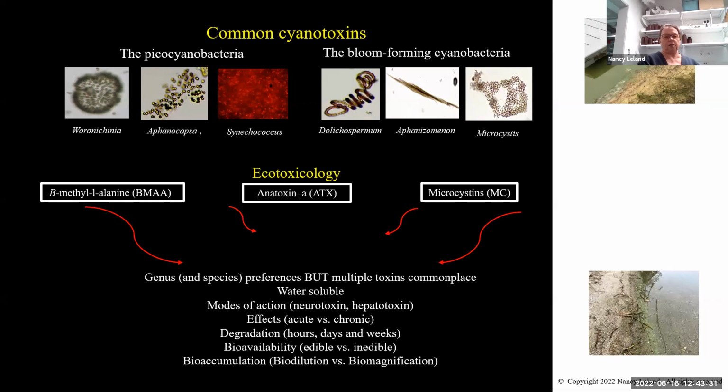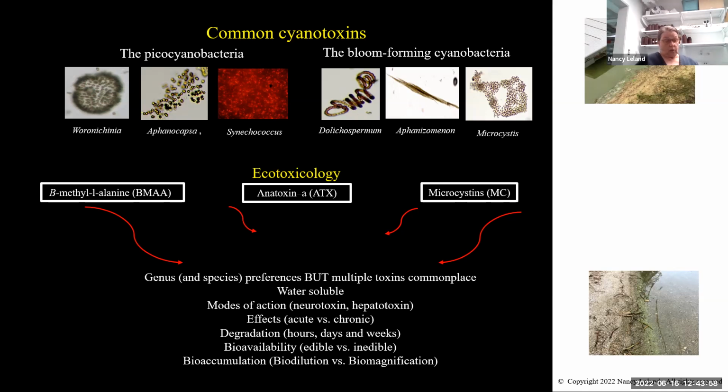All of these cyanotoxins typically have individual degradation profiles to them, ranging from hours to weeks. Their bioavailability is very distinct, so we can have edible and inedible forms determining whether they are even getting into things like the food chain. And they have very different bioaccumulation profiles to them.